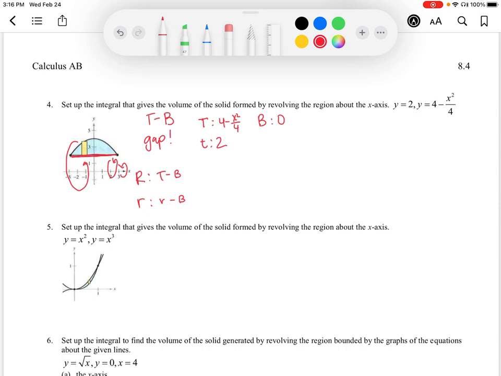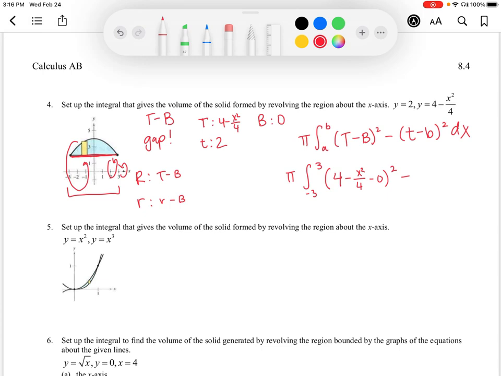So if I'm going to take pi times the integral from a to b of big top minus bottom squared minus little top minus bottom squared dx, I'm going to have pi, the integral. We're going from -3 to 3, so -3 to 3 of the big one, so 4 minus the x squared over 4 minus 0 squared, minus my little one, which is just going to be 2 minus 0 squared dx.